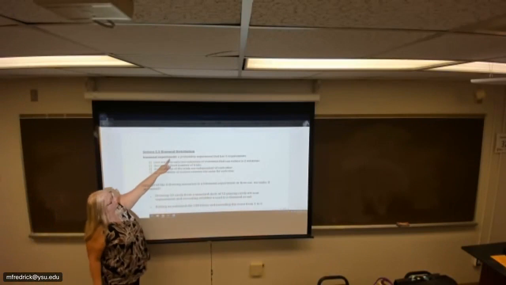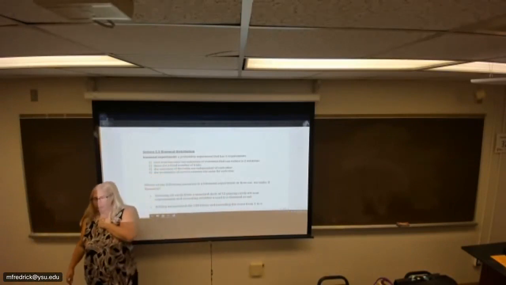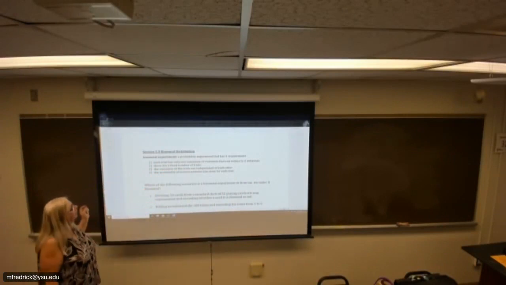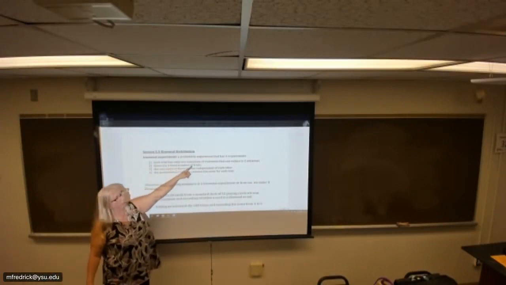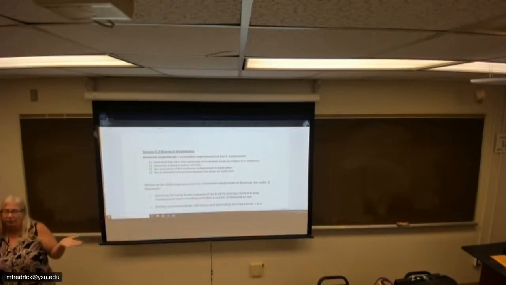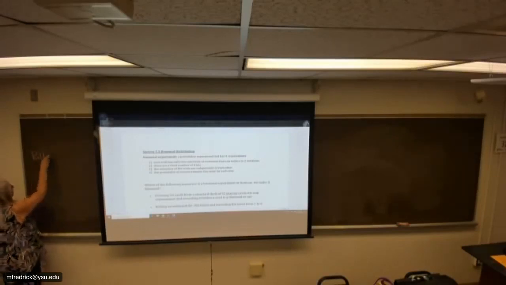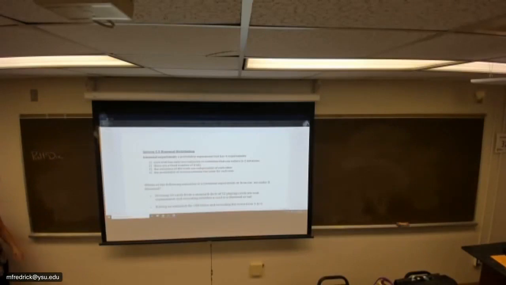For a binomial experiment, it's a probability that has four requirements, and one of them is it has to have only two outcomes. Does rolling a die have two outcomes? Depends on what the question is, right? Normally, it's 1 through 6.